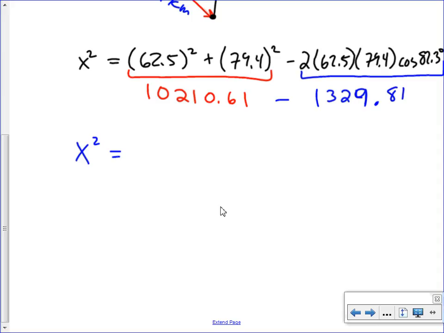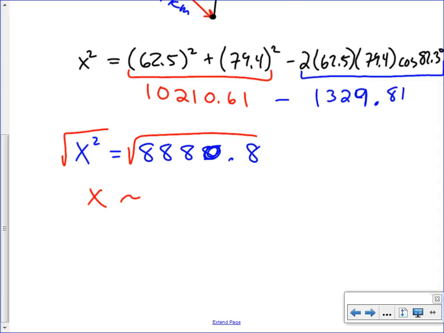Try it again. Hurry up. 880.8. Okay. Now that you have x squared, just take the square root of that answer.